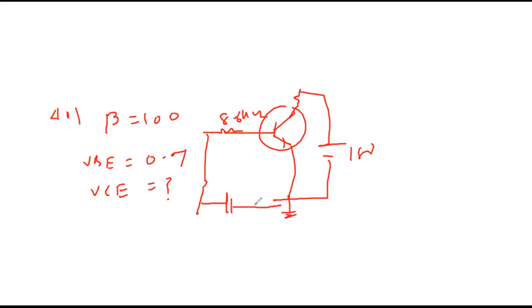This is 5 volt. This is called VBB, and this voltage is VBE between emitter and base. Base, emitter, collector. This is 100 ohm. 18 volt. Find what is VCE.